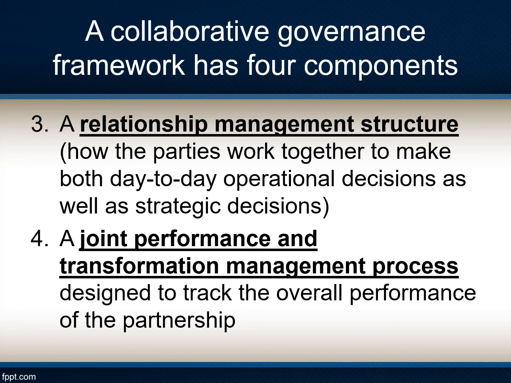How the parties work together to make both day-to-day operational decisions as well as strategic decisions successful and harmoniously done. And the last one is the joint performance and transformation management process. It is designed to track the overall performance of the partnership.